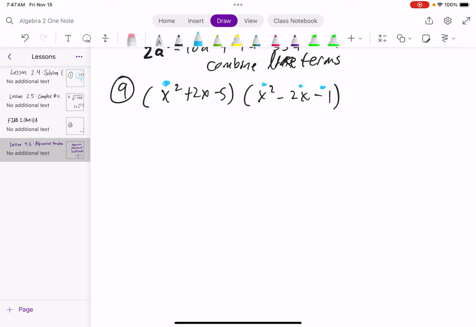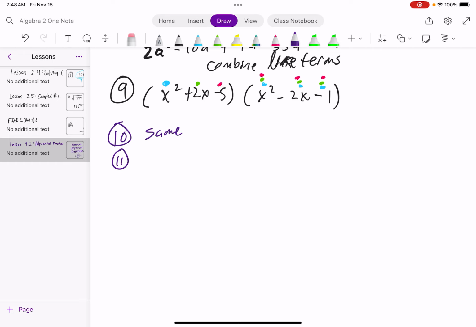And then you're going to do the second one times all the rest. And then you're going to do the third one times all the rest. And then you're going to combine like terms. All right? Number 10 is the same.